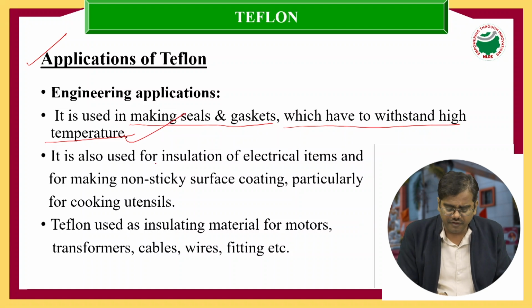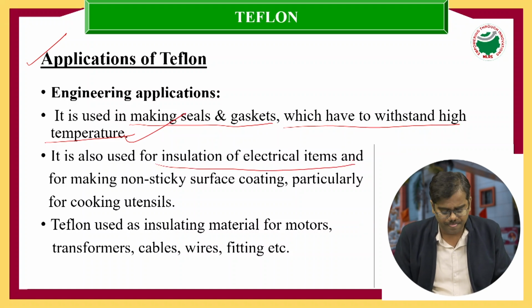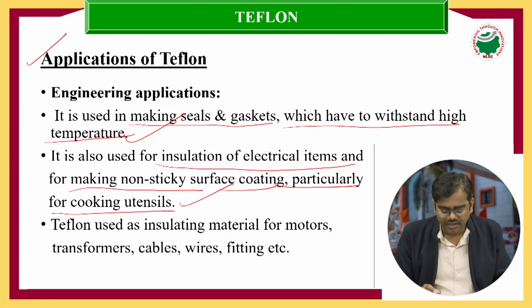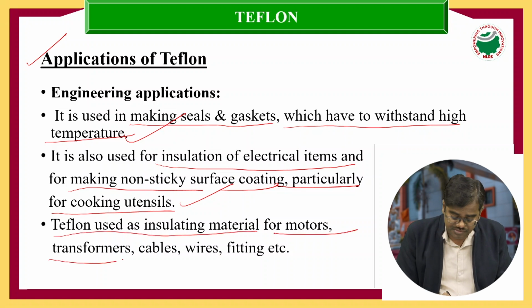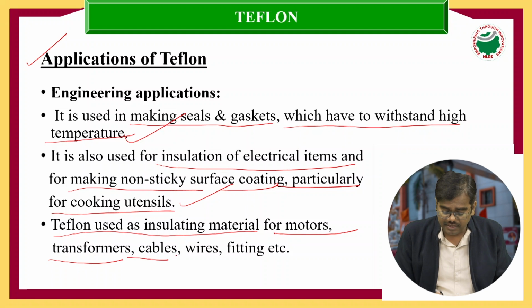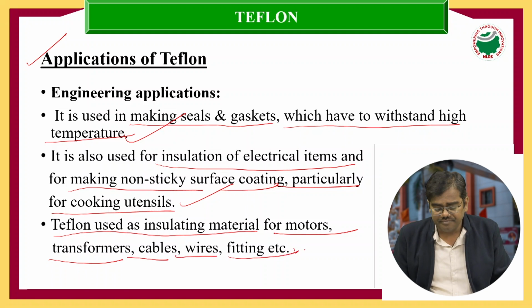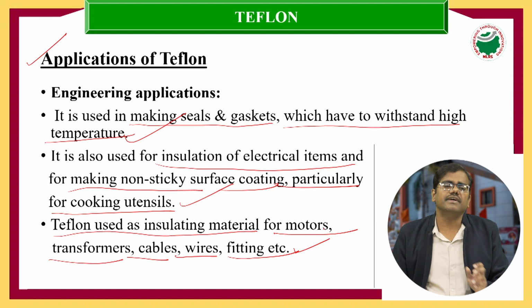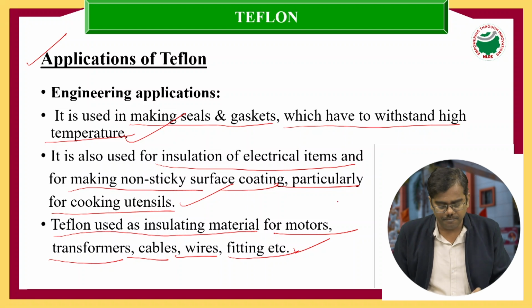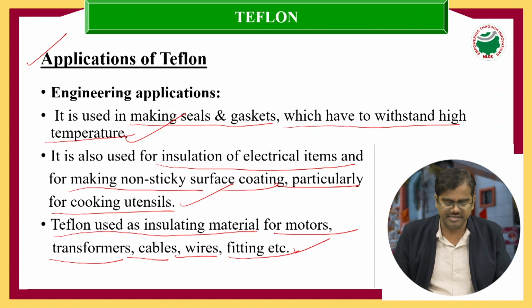It is also used for insulation of electrical items, for making non-stick surface coatings, for example on pans, particularly cooking utensils. Teflon is also used as an insulating material for motors, transformers, cables, wires and fittings. These are some of the important engineering applications in various industrial sites.